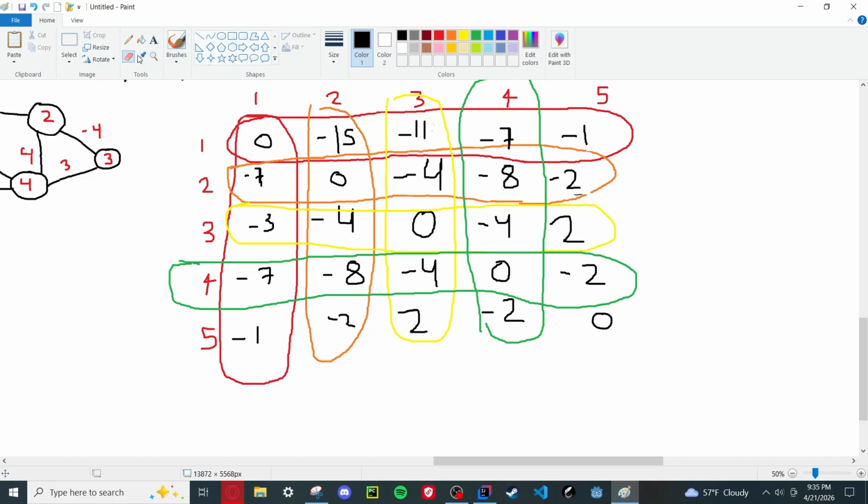And -7 plus 2 is -5. So then this 1, 2 should be the same as this. Is it the same as that? Yes, it is. Okay, good.